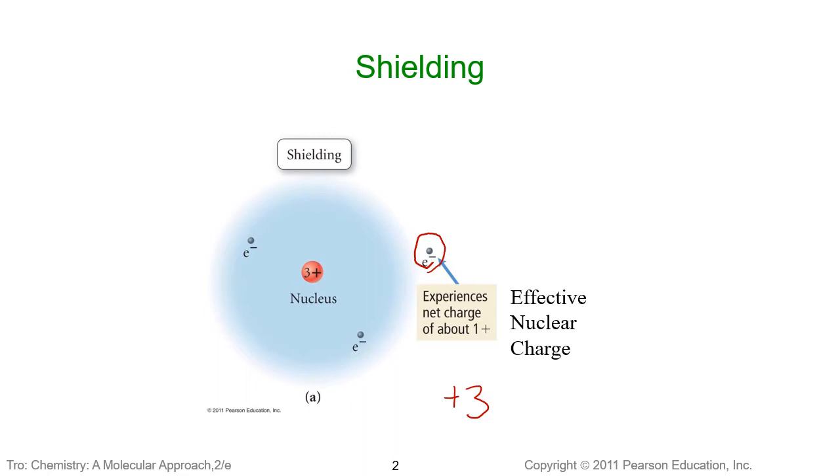So in lithium, we have two 1s electrons that are blocking the positive charge from the nucleus. And so our outermost electron feels a positive charge towards the nucleus of about +1. So the core electrons shield our valence electrons.